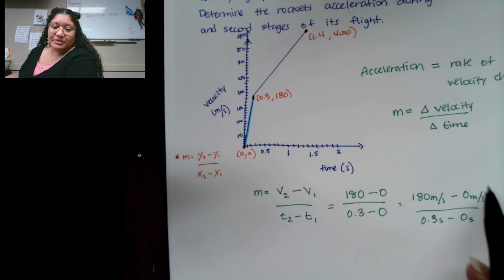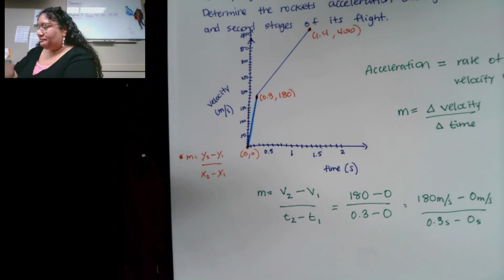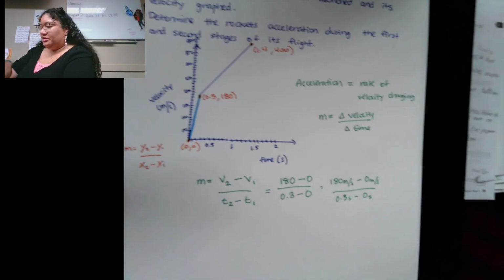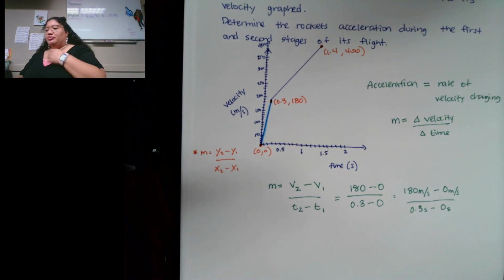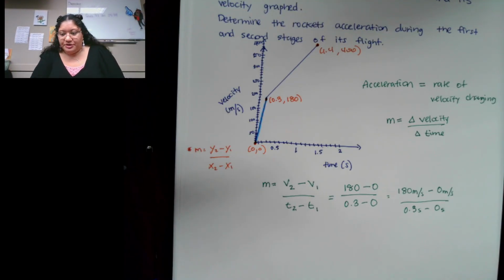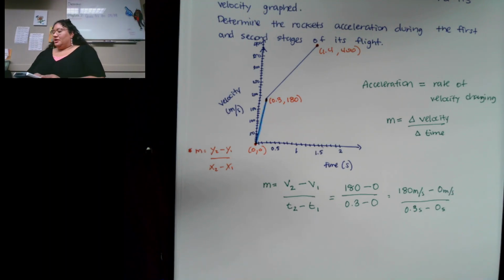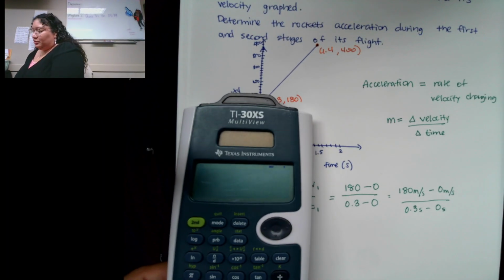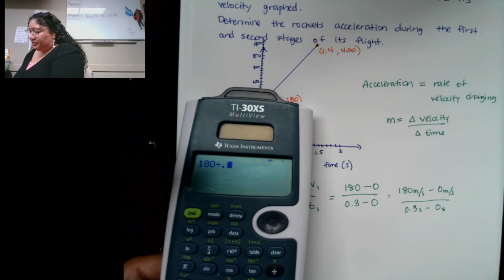Obviously, this side, what happens to it? I never subtract by 0, so it doesn't matter. So instead, I'm going to just do 180 divided by 0.3. So, let me pause real quick. I had to pause because I had to get my handy dandy calculator. So I'm going to do 180 divided by 0.3.